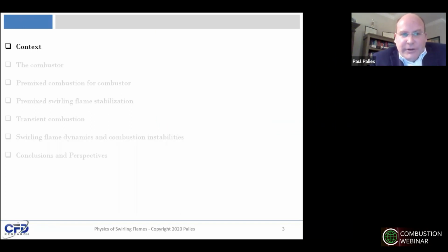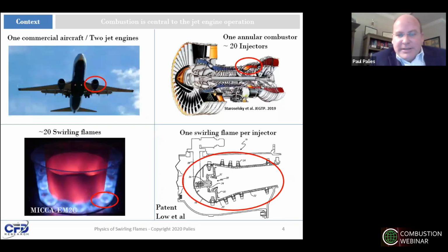So in terms of context, it's worth reminding the audience where the combustor is, where the swirling flame is. In a typical commercial aircraft, you do have 2 to 4 engines propelling the aircraft. For each of these engines, you have an annular combustor that houses around 20 injectors, as you can see on the top right image of this slide.